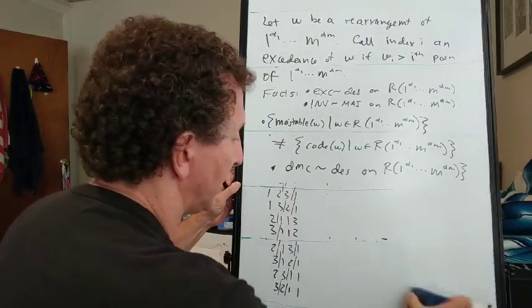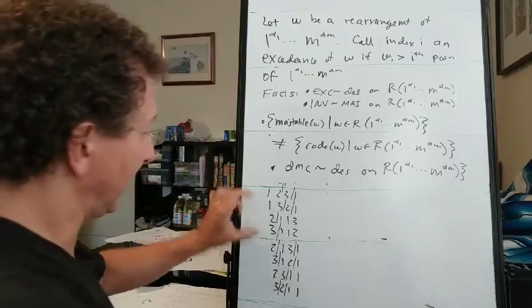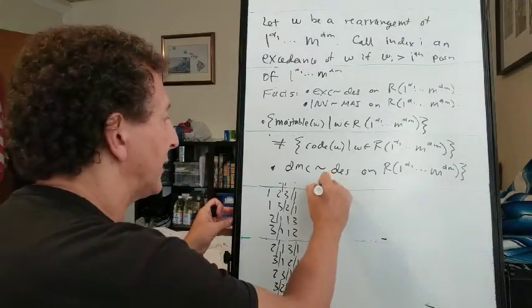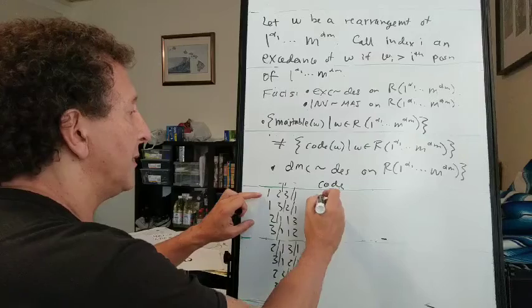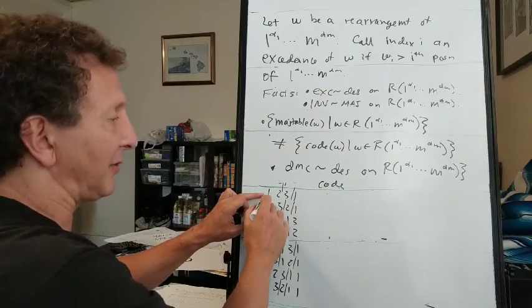So I've erased a few rearrangements, but we can just do it on the last 8 that are here. We make the code by counting, for every letter, how many things are to the right and smaller.